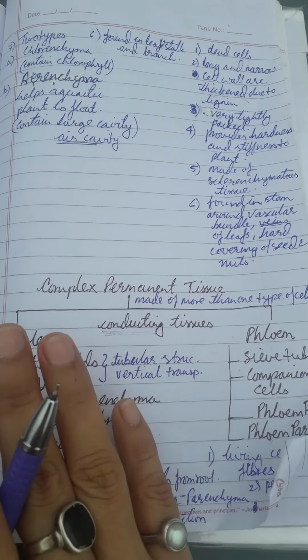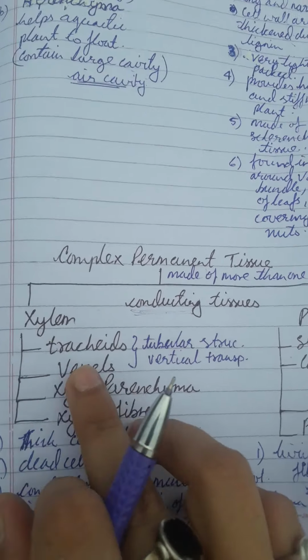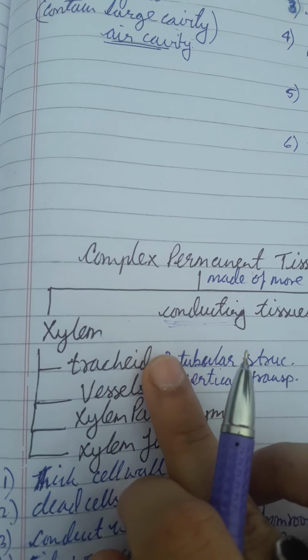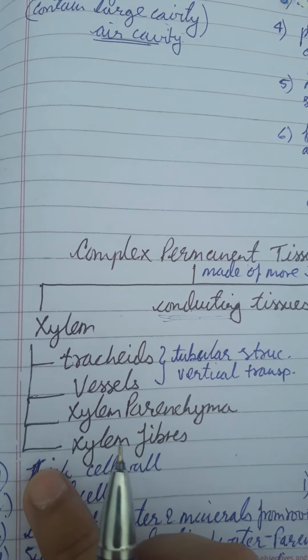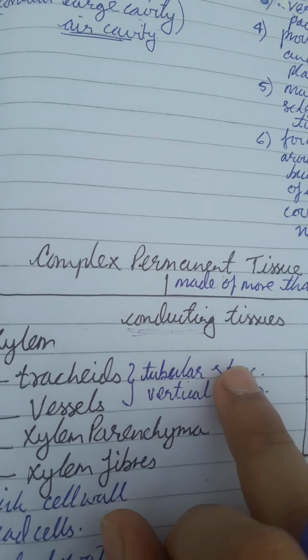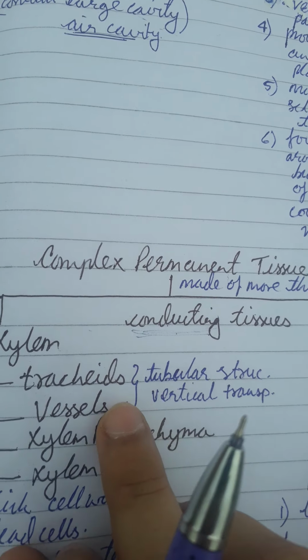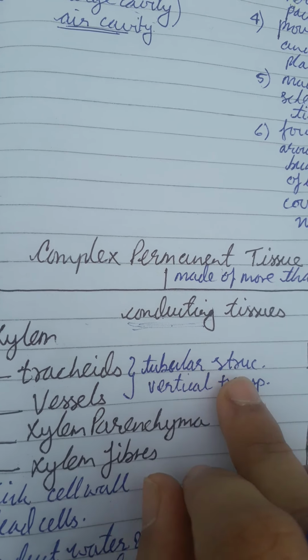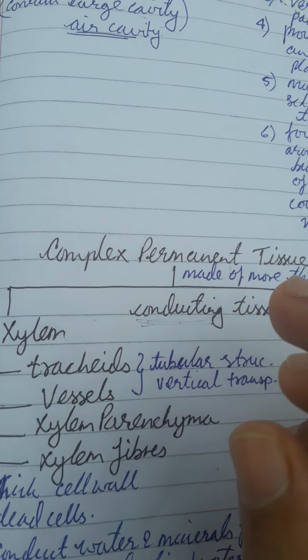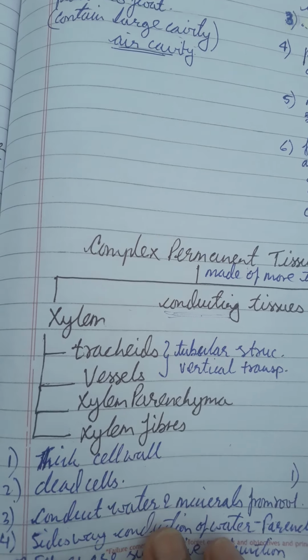Clear? Now the xylem is divided into four types, that is the tracheids, vessels, xylem parenchyma and xylem fibers. The tracheids and vessels are tubular in structure and they help in vertical transportation of water and minerals. That is upward distribution of water and minerals.